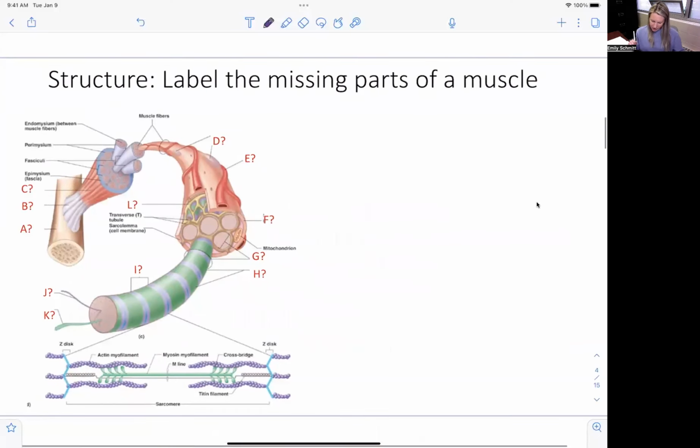Here I have labeled the missing parts of a muscle. Let's go through this really quickly. A is going to be bone. B is a tendon. C is our skeletal muscle. That's what SM stands for. D is going to be a nuclei. E is a capillary.